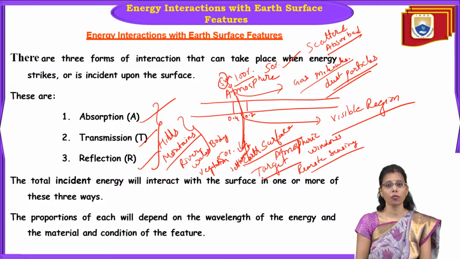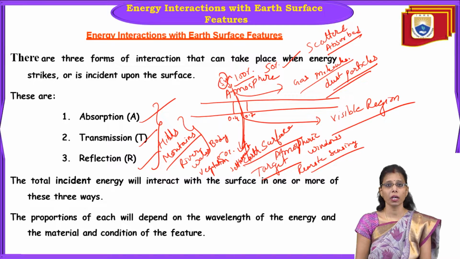Due to the presence of water, whether it is a black body or a light surface, smoothness, roughness, different textures, settlements, and vegetation in different colors, such as dark green, light green, lighter green, or dried forest, all these features will behave differently when this energy falls on them.